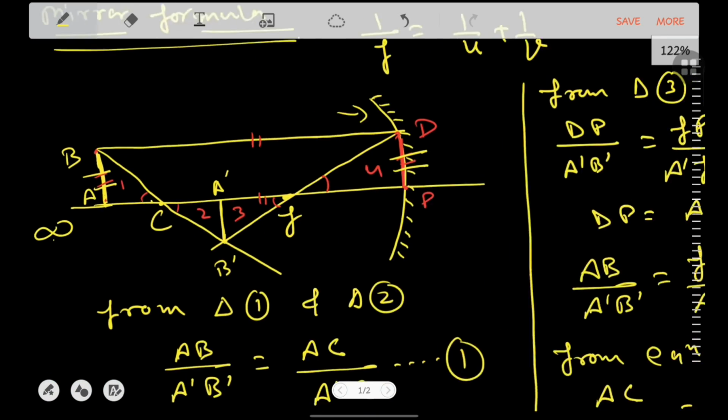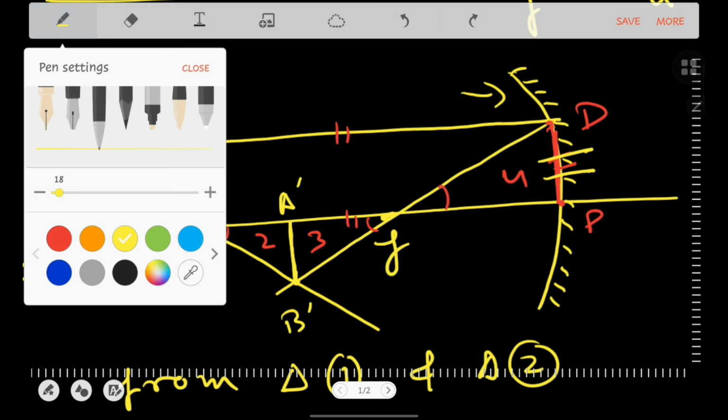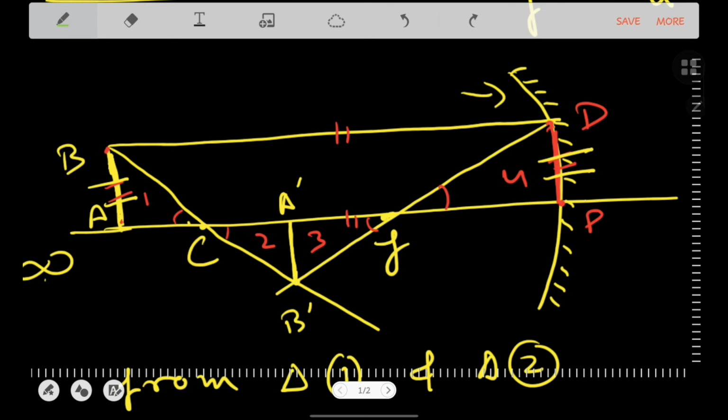I think in this image you can get these points from the mirror. I can use another pen here. From the green pen I'm showing you, from the mirror this point you can get a few things.